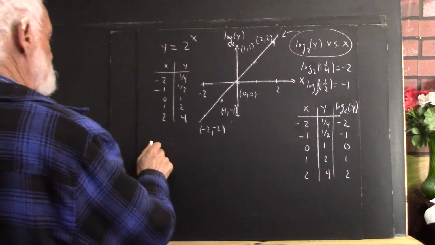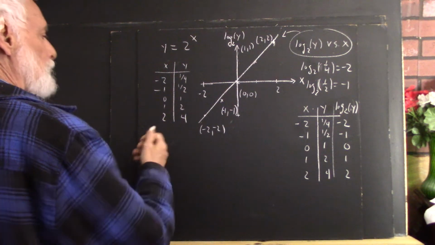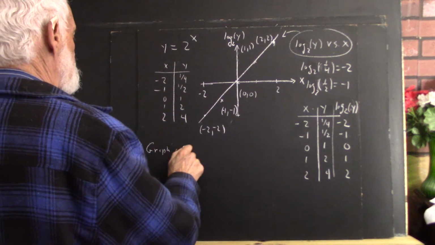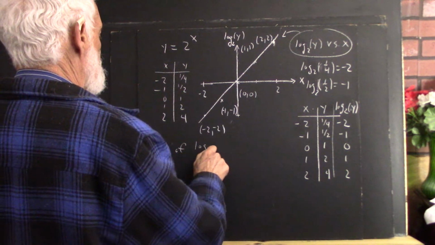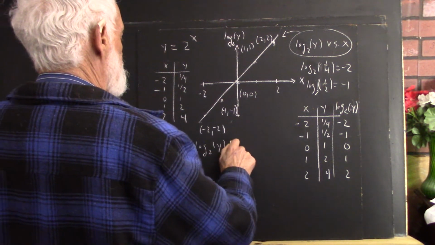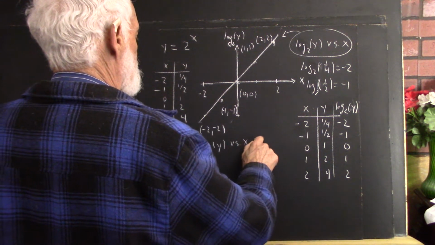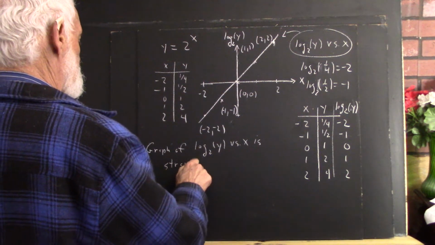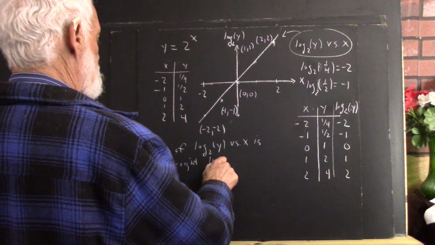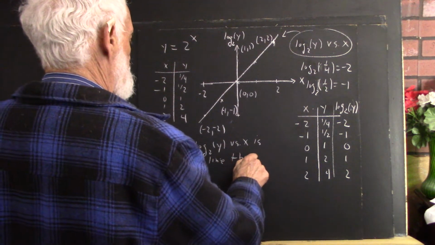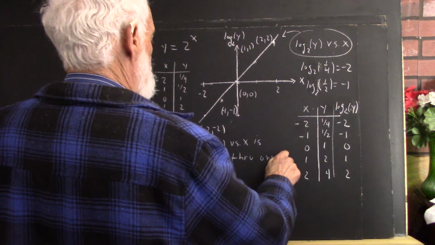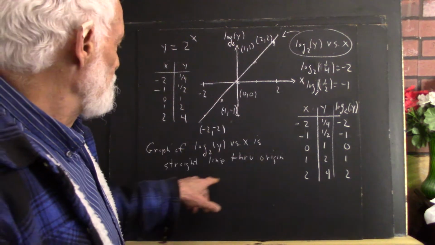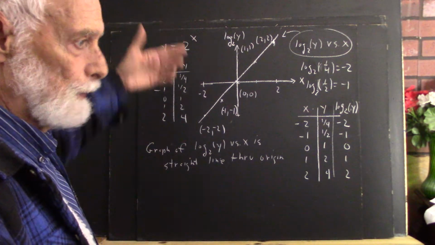So it's more or less obvious the graph of log base 2 of y versus x for this function would be a straight line through the origin.